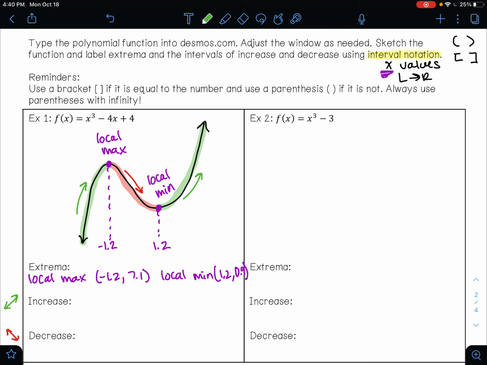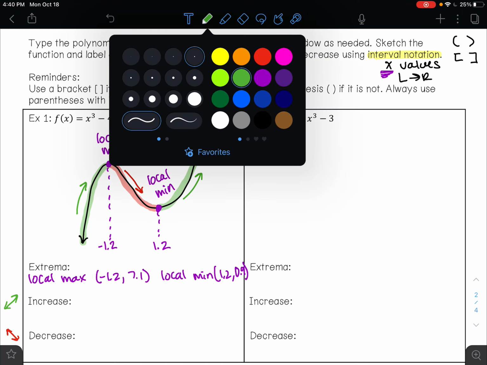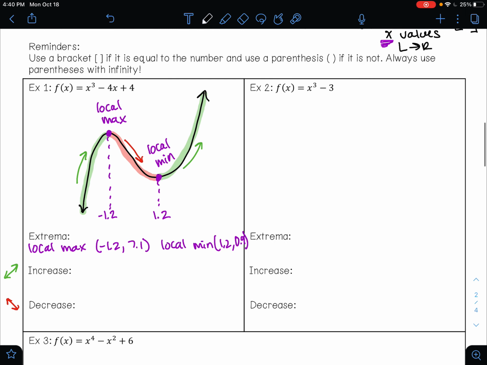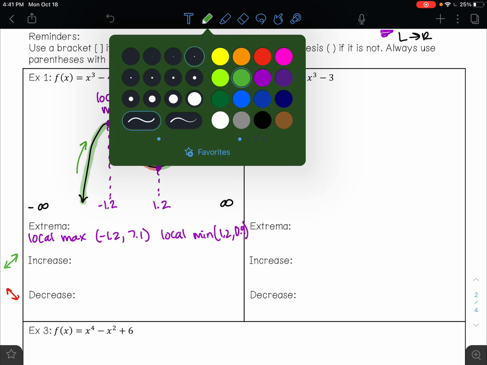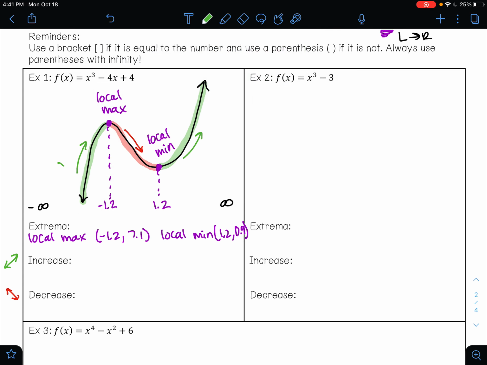So I'm going to go ahead and write my intervals using interval notation. Now on my number line down here at the bottom, negative infinity is always on the left and positive infinity is always on the right. So if I look at this first one over here, we are increasing. So look at your x's. You are increasing from negative infinity to negative 1.2.